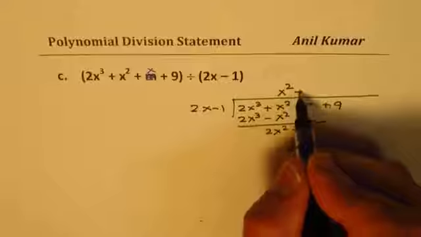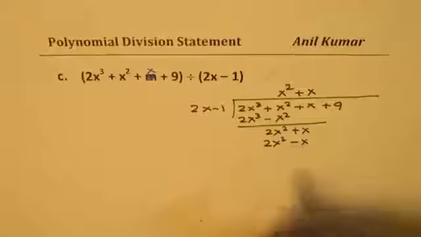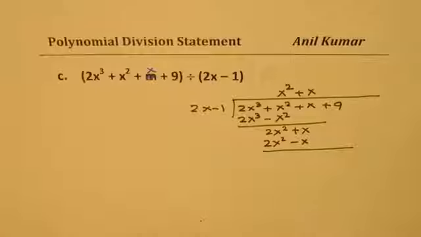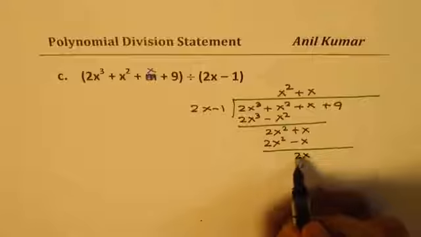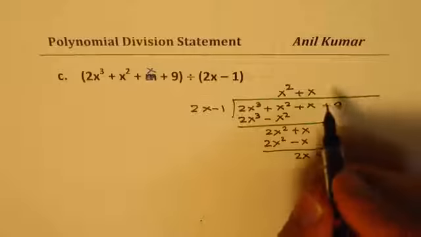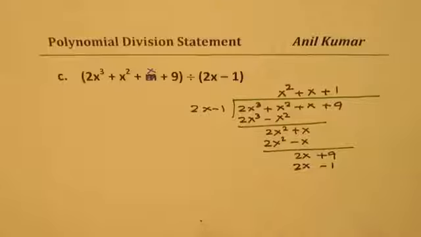Now we need to multiply this by x. So we get 2x squared minus x. When you take away 2x squared minus x, you get 2x here. That becomes positive. Bring down 9. And now you can multiply by 1. So that gives you 2x minus 1.